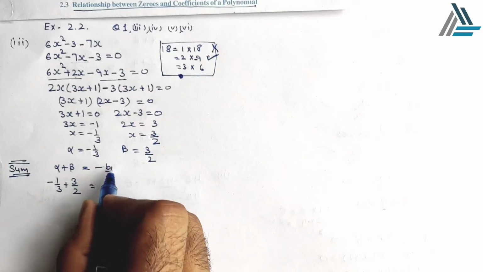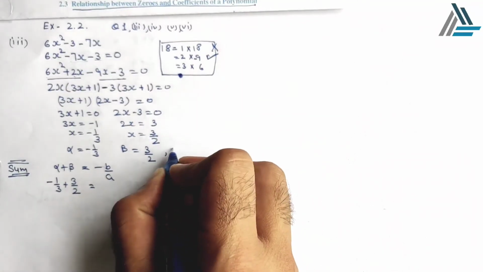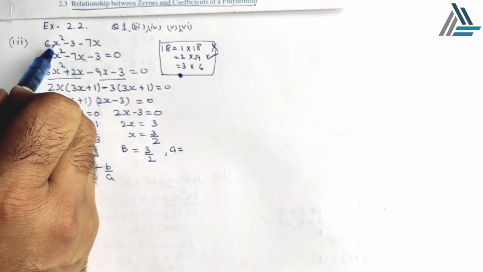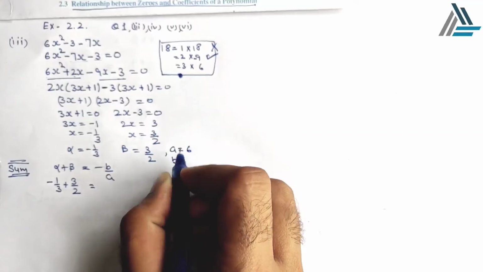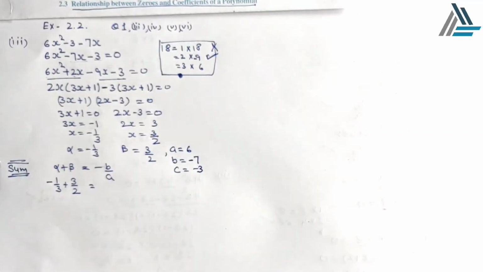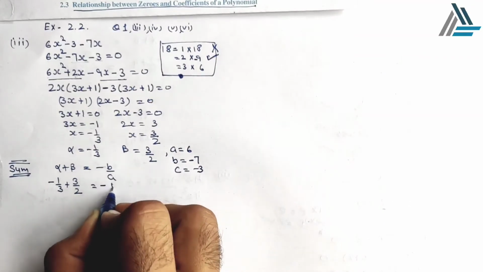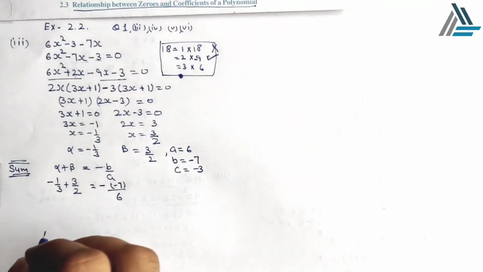As we know that a, b, c are coefficients of the polynomial, let's write here: a is the coefficient of x squared, 6, b is the coefficient of x, minus 7, and c is minus 3. By putting the values we get minus of minus 7 divided by a, which is 6.